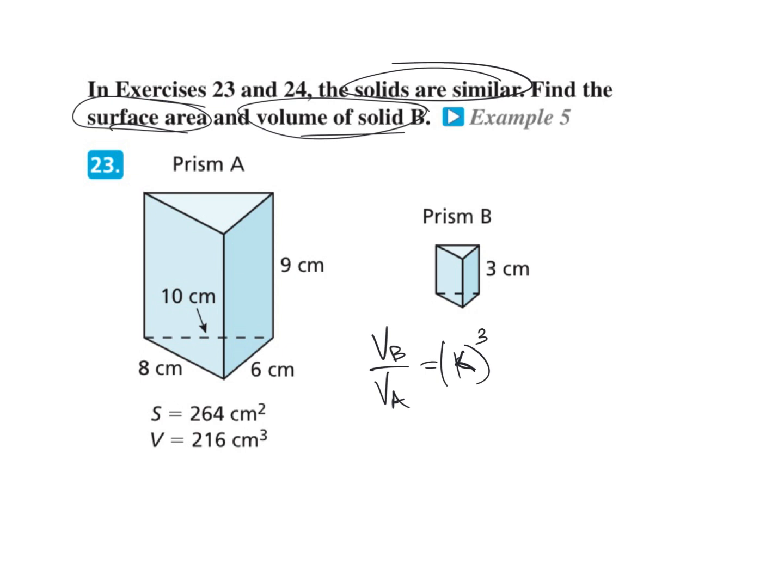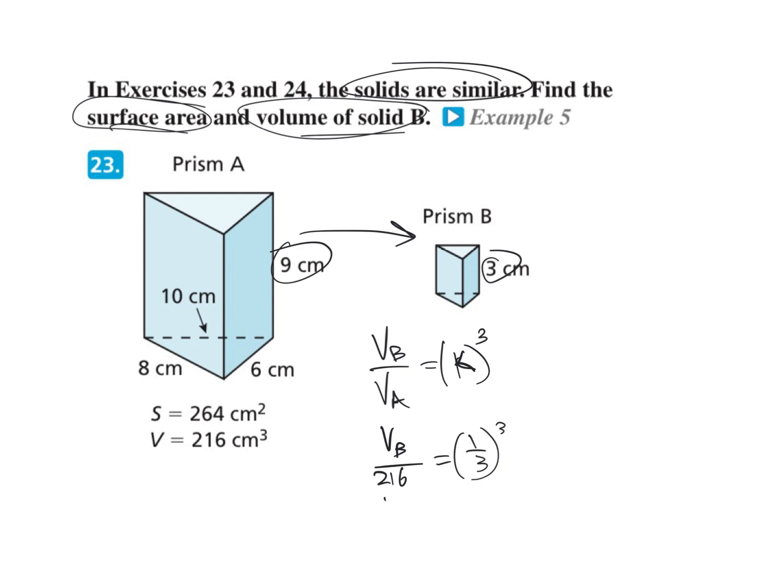Okay, so we're getting smaller. So the volume of B we don't know, and the volume of A is 216 cubic centimeters, and that equals our scale factor. So since we're getting smaller, find the two sides that match, 3 and 9, put the smaller number on top. So 3 over 9 reduces to 1/3, and we're going to cube that.